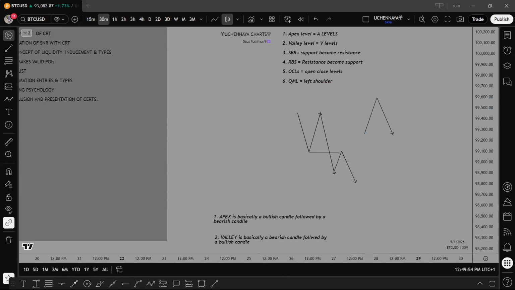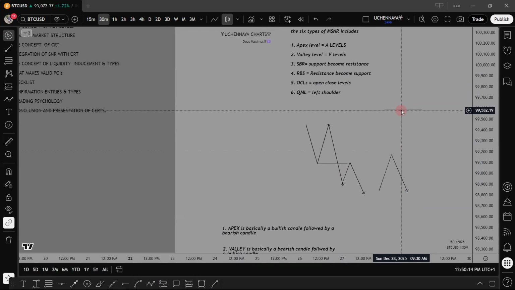Now this resistance is supposed to sponsor another sell. This is supposed to sponsor sales.